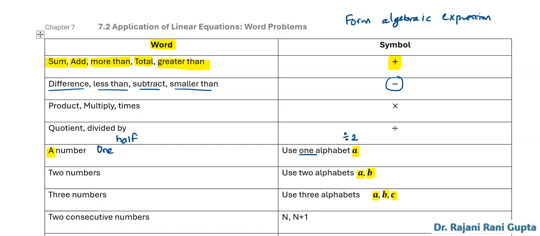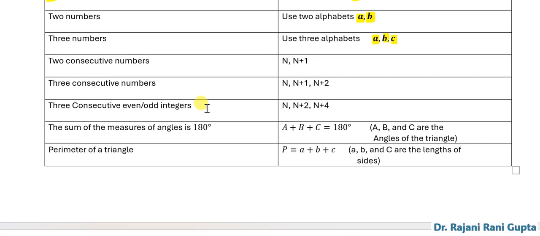Next, when they say two consecutive numbers, what are consecutive numbers? They are numbers whose difference is 1, like 1, 2, 3, 4. If I say 5, 6, these are consecutive numbers.